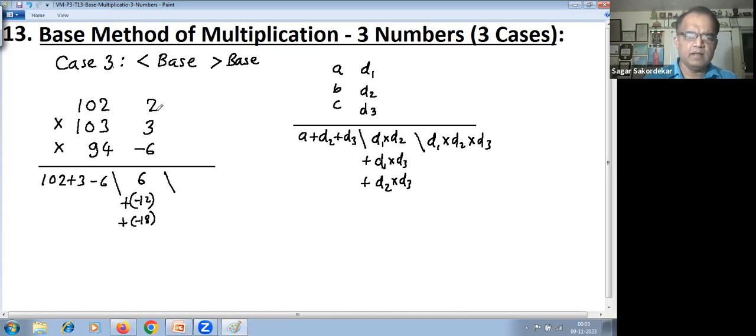And here, 2 into 3 is 6. 6 into minus 6 is minus 36. So write it like this. So 102 plus 3 is 105, minus 6 is 99. Here this is minus 30, plus 6 is minus 24.